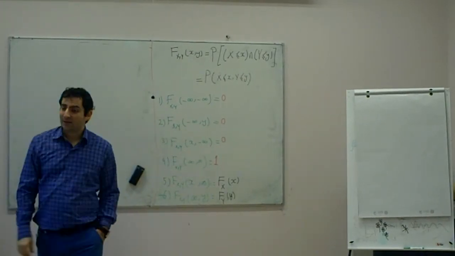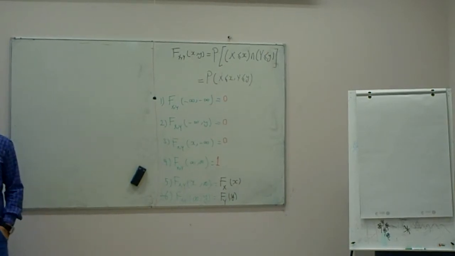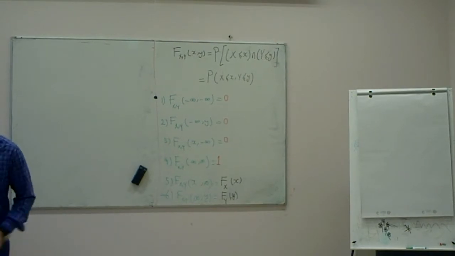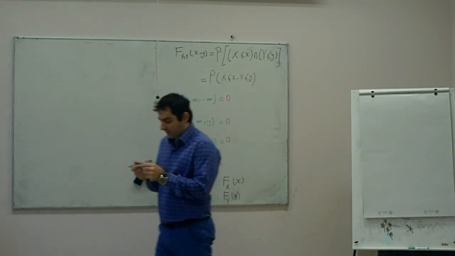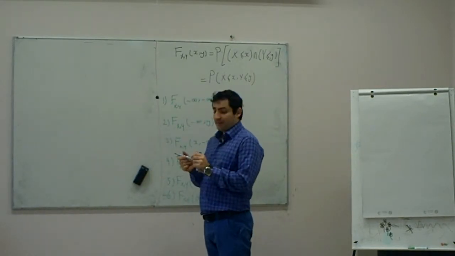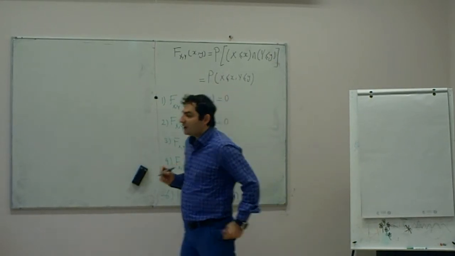We are calculating PMF. PMF is the probability mass function. The probability mass function had similar properties as the PDF, but instead of an integral we were using the summation.